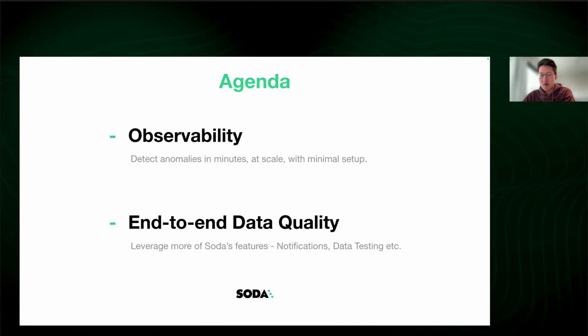We'll also explain how data observability is just one of many Soda features for achieving end-to-end data quality in your organization. Together with data observability, you can also leverage more of Soda's features, for example notifications as well as data testing, to establish end-to-end data quality and trustworthy data in your organization.